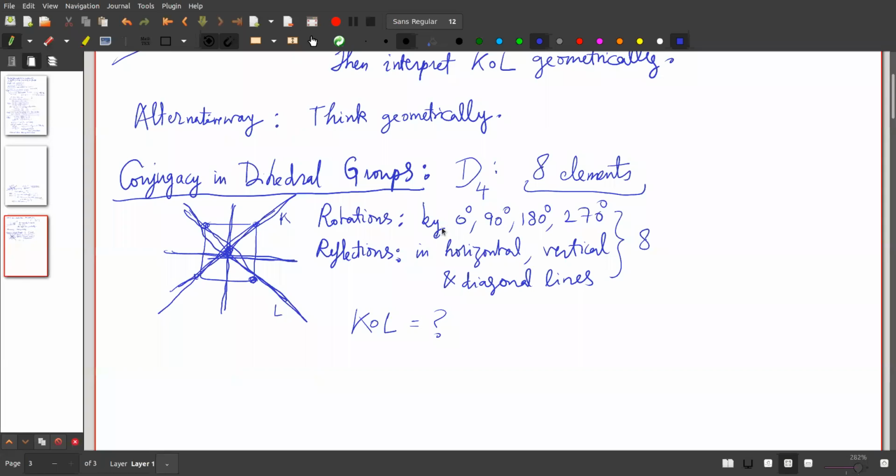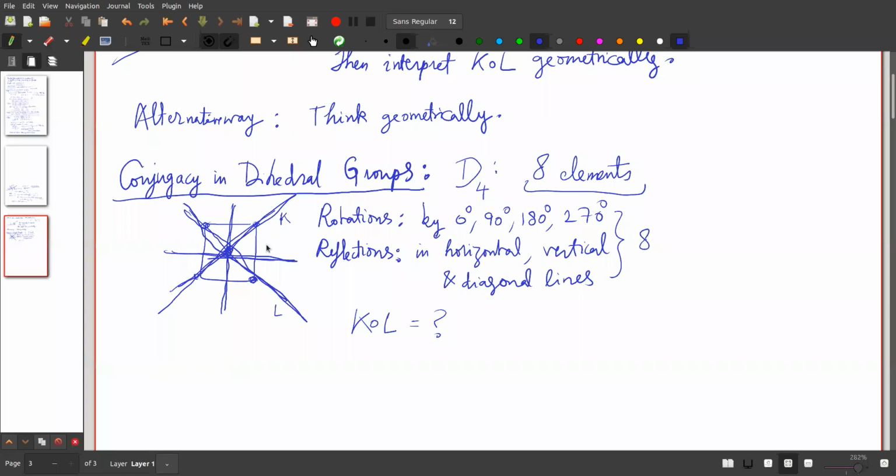These 8 elements form a group, which means when I do one of these and then another, the result must be one of these elements. Is this clear?